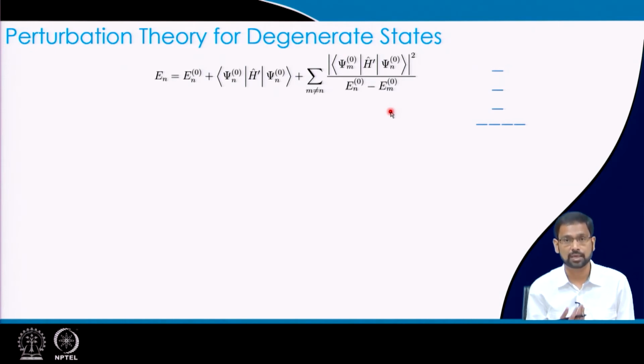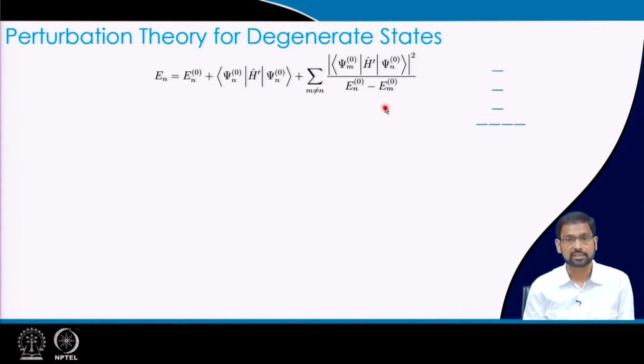The unperturbed Hamiltonian is a Hermitian operator, so it has a complete set of eigenfunctions. Therefore, in principle I have many integrals to evaluate when I am looking for the second order energy correction to the state n. A similar expression also appears when I look at the first order wave function correction.